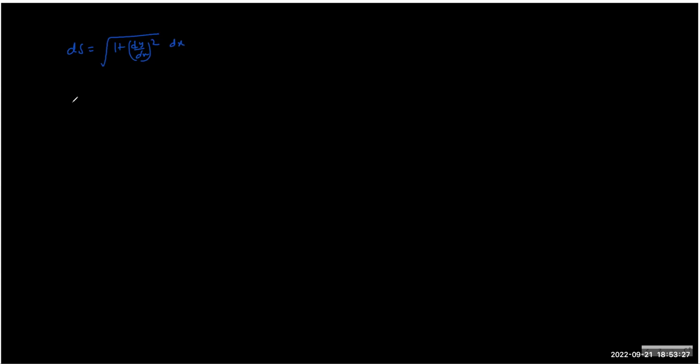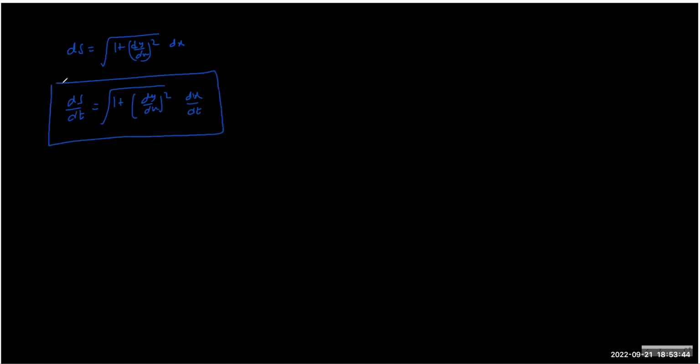So what is ds by dt? Now because we are dividing by dt on both sides, the answer is pretty simple. It is simply the square root term into dx by dt. So what is ds by dt representing? Your speed along the mountain, isn't it?